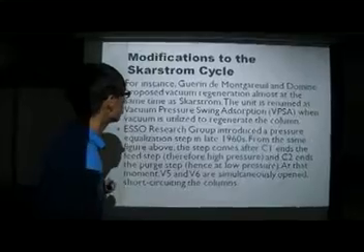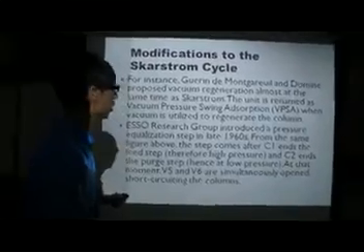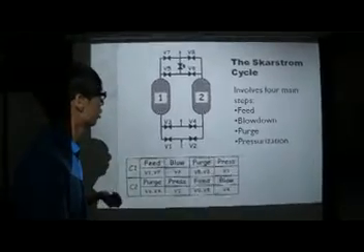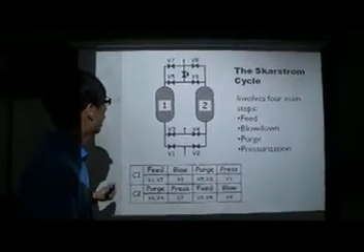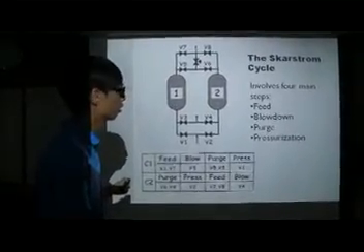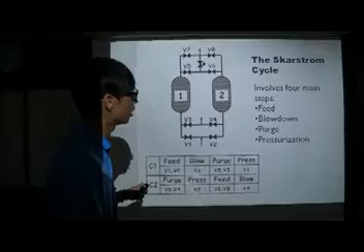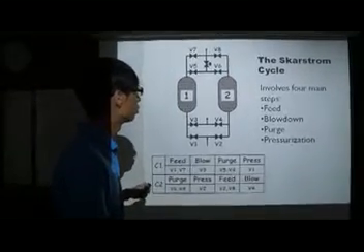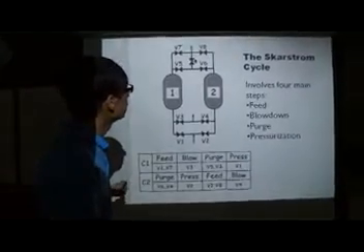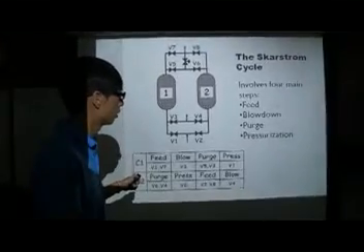The next one is the Exxon Research Group. They introduced a pressure equalization step in the late 1960s. Okay, so we go back to the diagram. The pressure equalization step is where, at the end of the feed step for column number 1 and at the start of the purge step for column number 2, V5 and V6 simultaneously open, so that the blowdown from column number 1 is directed to column number 2 for the purge step.